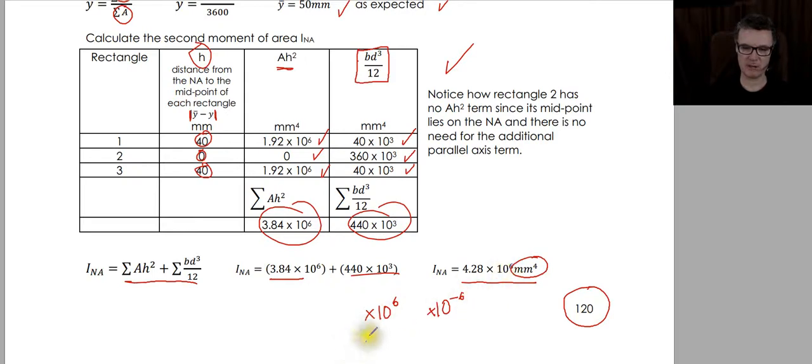And if this result comes out as, say, times 10 to the 9, then 9 take away 12 gives me 10 to the minus 3. Then you've got your result in meters to the power 4. Your value from your bending moment diagram, you typically want to deal with in Newton meters. So that's the point that I would then convert it into meters to the power 4.